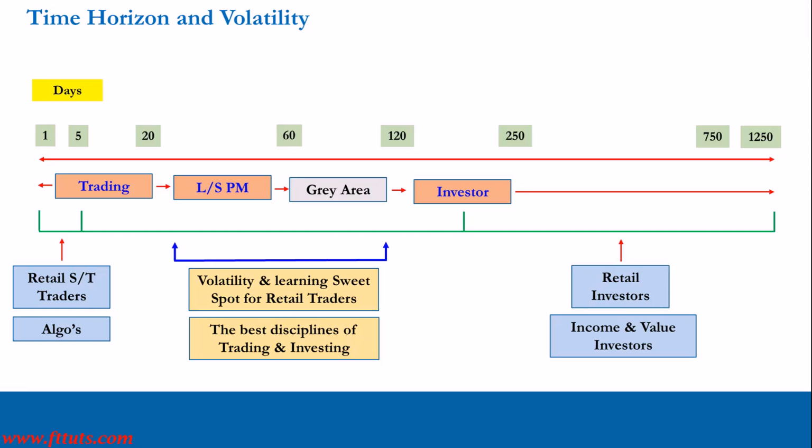The time horizon constitutes what you actually are. It defines what you are. Okay. So retail traders, because they don't really know the difference between trading and investing, what do they end up doing? They end up doing a mix of both, whether that's in the same account or in multiple accounts.